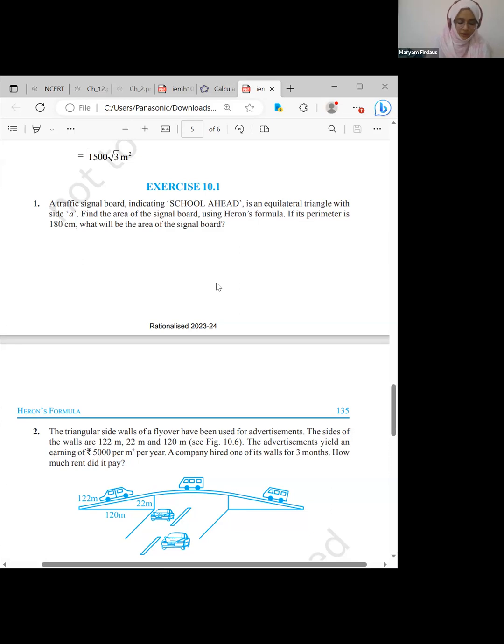Now, coming to the main part. Munir, what is the formula for area? S, then bracket, S minus A, multiplied by S minus B, multiplied by S minus C. Okay, good.